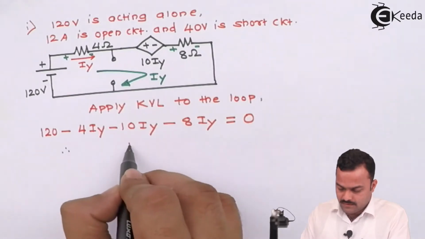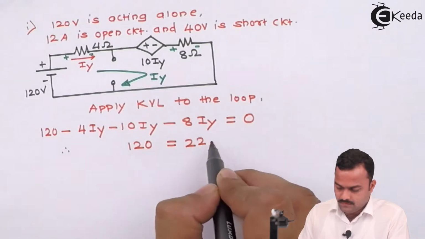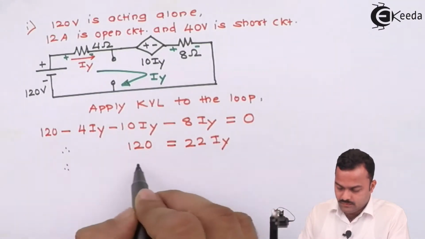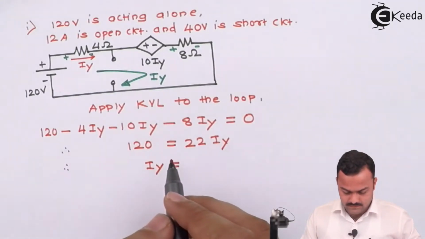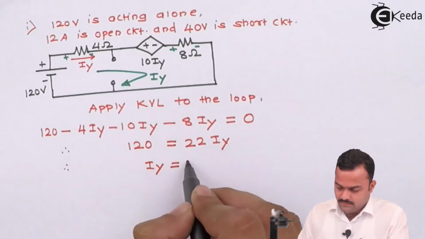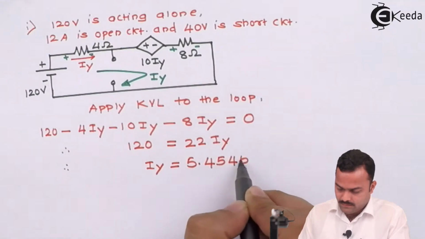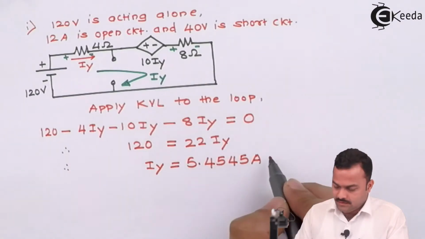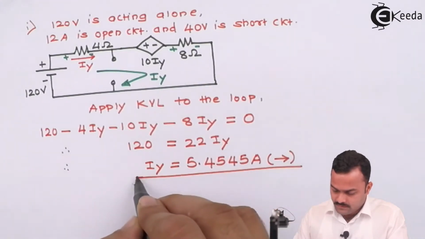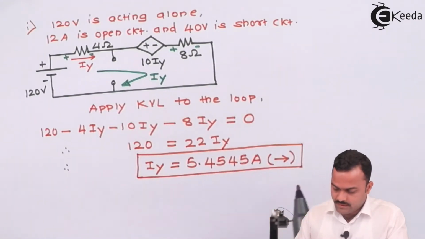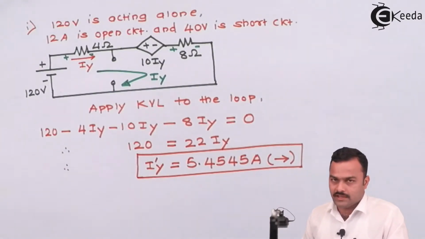Upon simplifying, I will get 120 equal to 22 IY, and upon solving this, I will get IY as 5.4545 ampere, and the current direction is the same as whatever is given. So I get this answer in a very straightforward manner, but I will call this IY dash because this is only because of 120 volt acting alone.